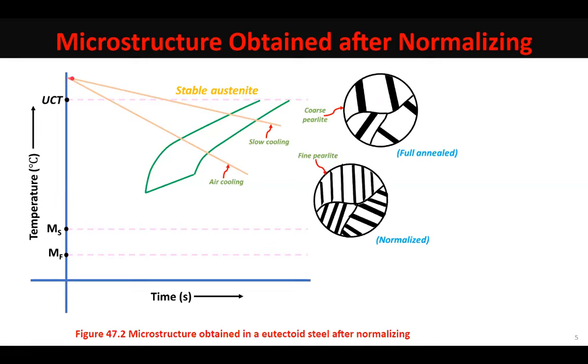But in case of normalizing, the cooling is faster than furnace cooling, it's air cooling, and you land up in the fine perlite region. So the grain size is still fine, not much difference. But look at the lamellar spacing, the lamellar number has increased, and also the width has decreased. So that is what is meant by fine grained perlite with fine lamellar spacing. That is what is meant by fine perlite.